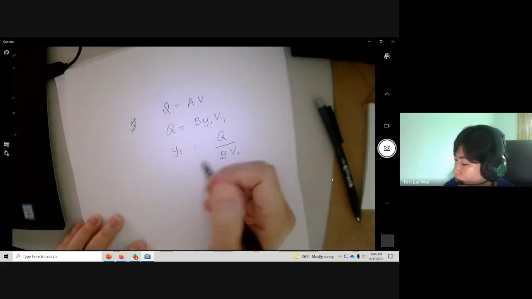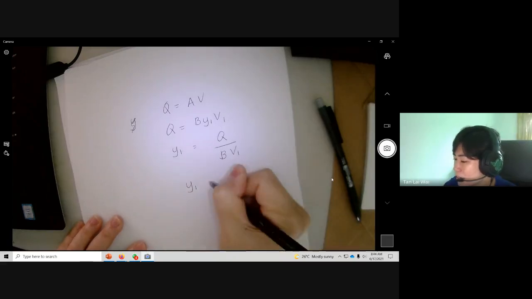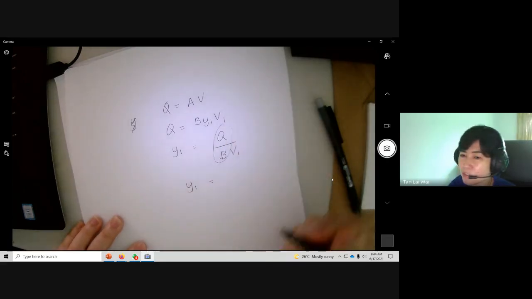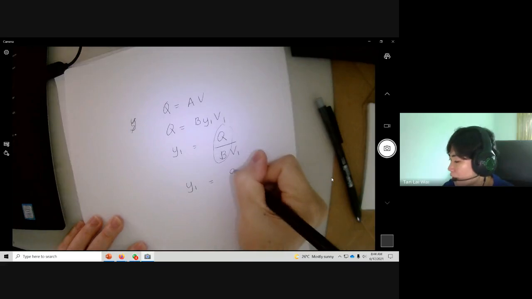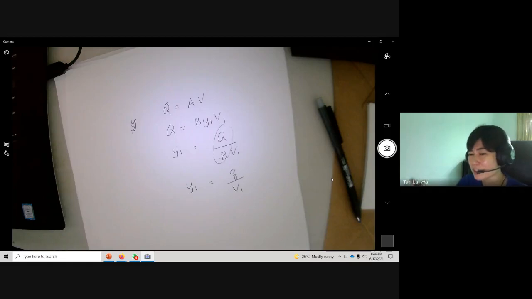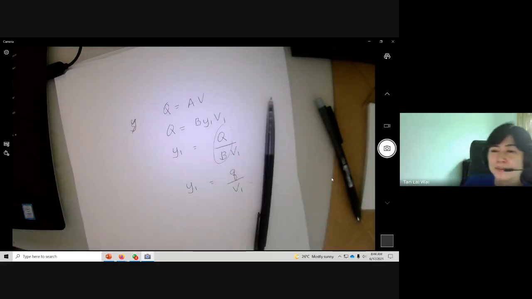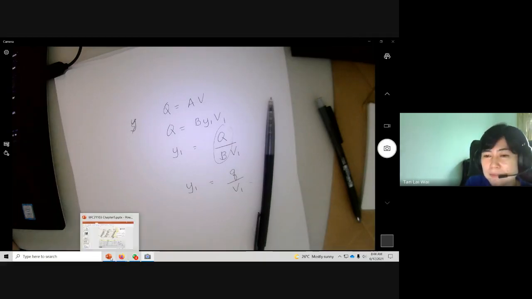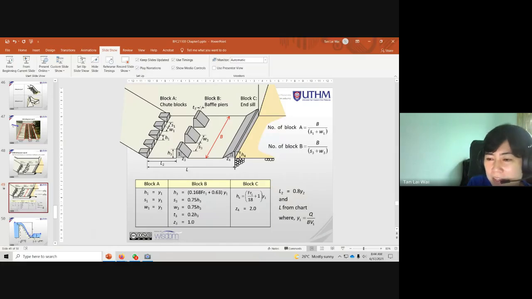Do you still remember that this is also our discharge over unit width? Okay, it all comes back, eh? This is what we have learned in our chapter 3 as well, this formula. So I hope that clears up. Okay, let's go back here.